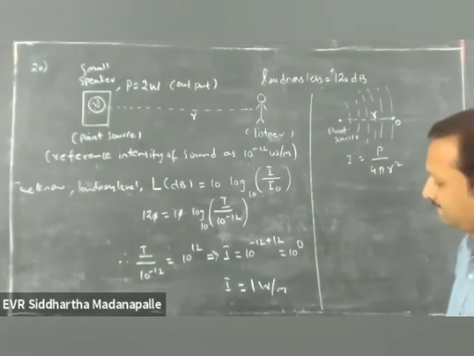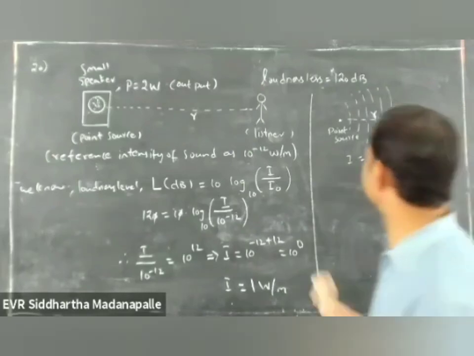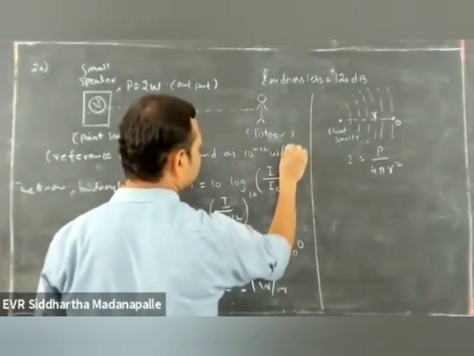Excuse me, sir, intensity ki units watt per meter square undali kadandi sir. Yes sir, power by area, watt per meter square. Sorry.